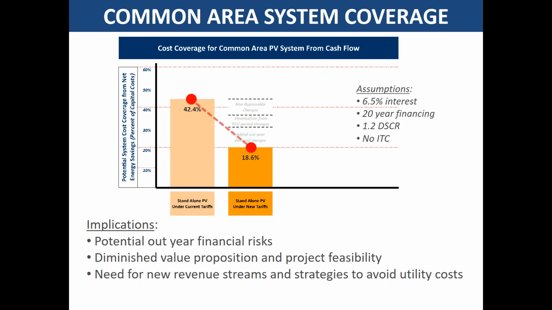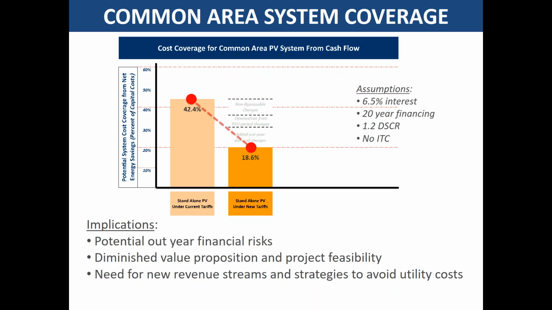We model the financing using TOU tariff structures and charges that are projected for the future under these new structures that have been proposed by SDG&E. And the result is that there is a decline of over 20% in the amount of project cost coverage that might be feasible from these systems.